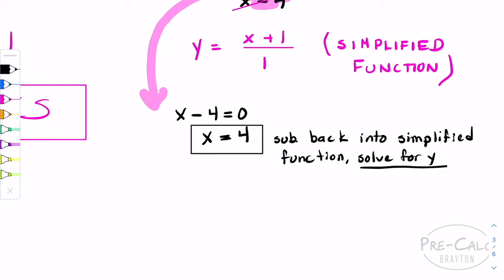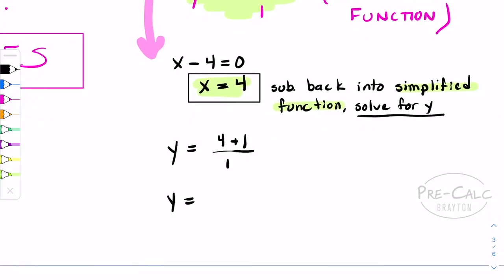Okay, so once we substitute this back into y, we are actually substituting x equals 4 back into the simplified function. So make sure you get that correct as far as which one you're substituting it back into. That means y is equal to 4 plus 1 over 1, which is just y equals 5.